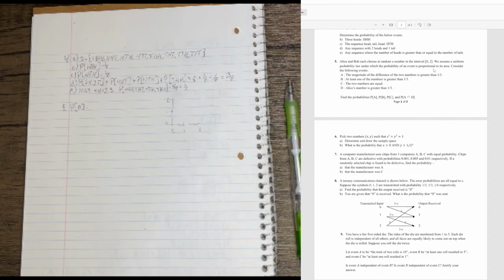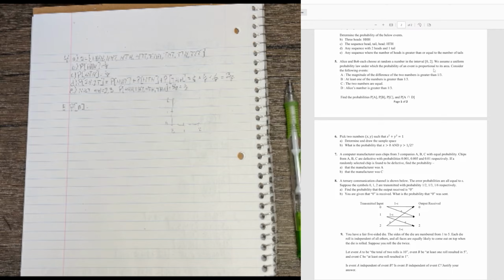Google Docs. Let's see. This is ECU 280. Probability of A given B occurred.